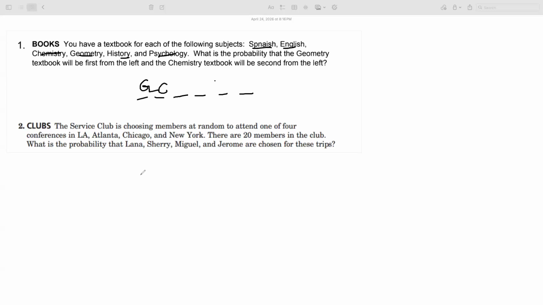They're asking for probability. First of all, my answer should be a fraction that I'll determine. It has to have a numerator and a denominator, and it should be less than or equal to 1 because they're asking for probability. Now, my numerator should be the number of favorable ways.